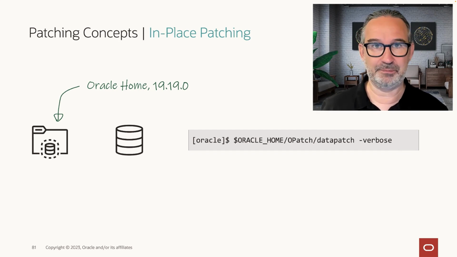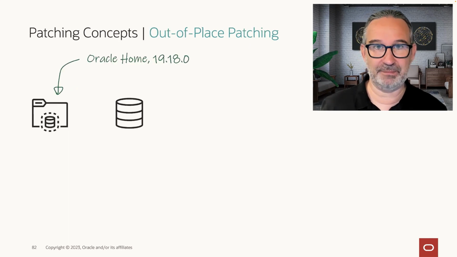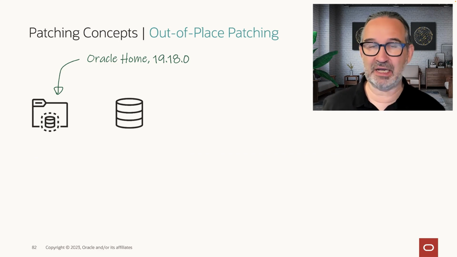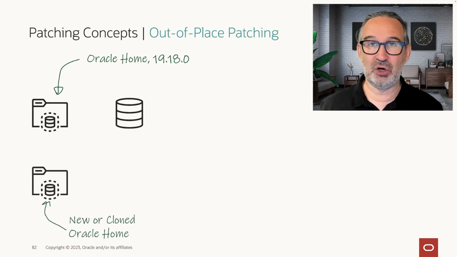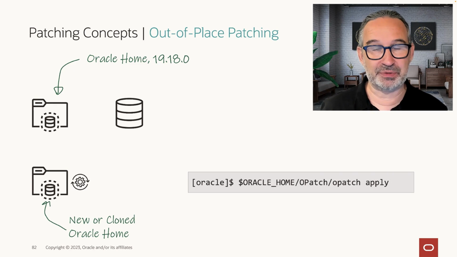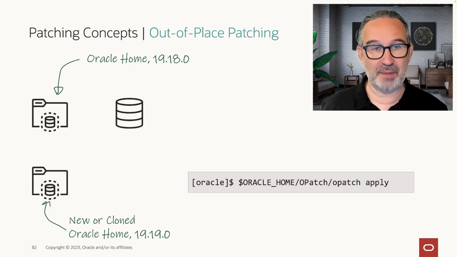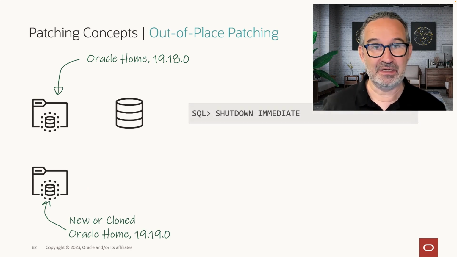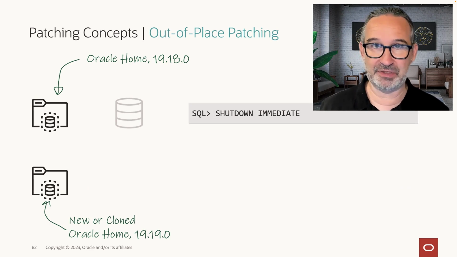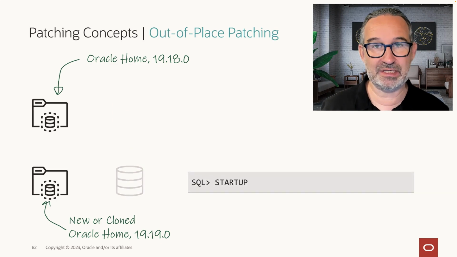Try to avoid that. Better, much better, is out-of-place patching. Out-of-place patching means I start again with 19.18, then I clone, or actually I prefer to have an absolutely fresh home, and install into that fresh home my most recent release update, which in my example here with opatch apply will be a 19.19 environment. And once this is there, I simply shut down my database, relocate my services and my environment, and start up in the new 19.19 environment.